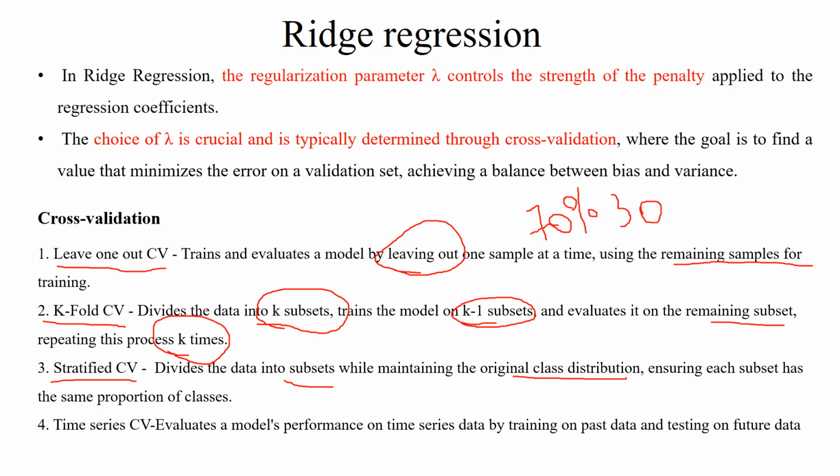If this is the case, 70% of the data would be taken from the male class and 30% from the female class. This is how stratified cross-validation is done. Then time series cross-validation. This evaluates a model's performance on time series data, where we train on the past data and test on the future data.